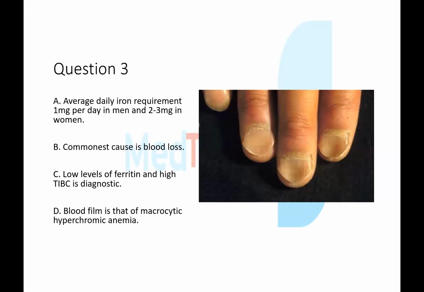So commonest cause is blood loss. Well, we'll still take that, but in our own environment, most people have iron deficiency anemia, and the commonest cause is actually nutritional. But it's fine, we'll take that option. Option C, low levels of ferritin and raised TIBC is diagnostic. Correct.